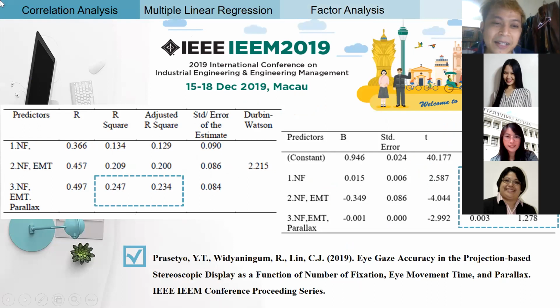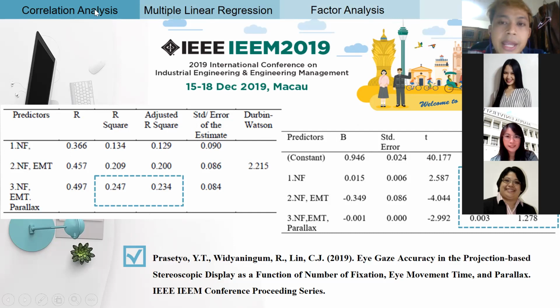That was 2019, before the pandemic, and IEM is actually very big. We can see so many top professors there.